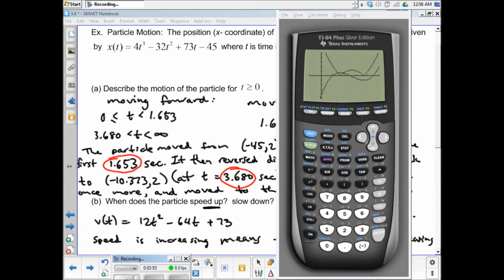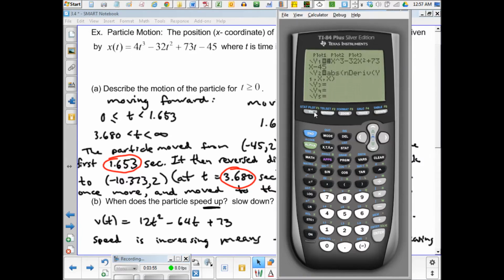Okay, so first I'm going to go ahead and make my second plot bold. And I think I'm actually going to turn off my first plot. Okay, so here's my graph.